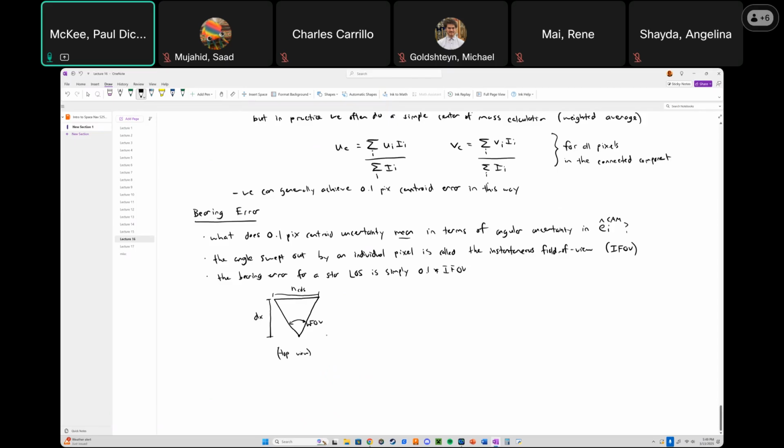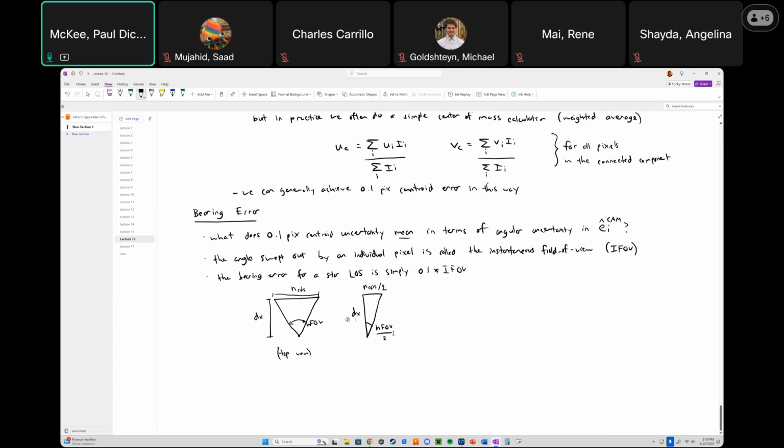So let's clean this up a little bit. If we turn this into a half right triangle, then this is going to be n, the number of columns, divided by 2. This is going to be your horizontal field of view divided by 2. This is going to be dx. So this is where the equation comes from.